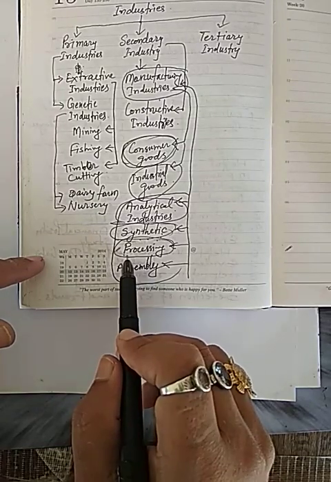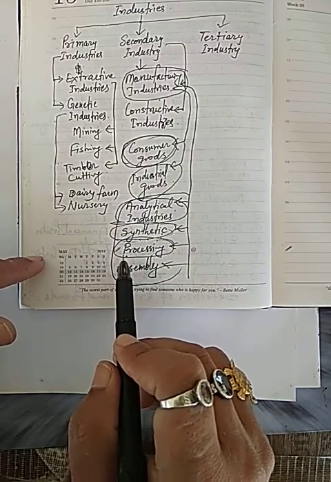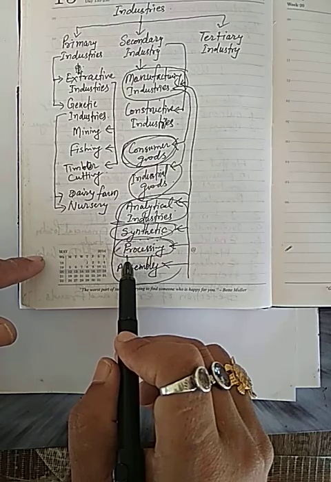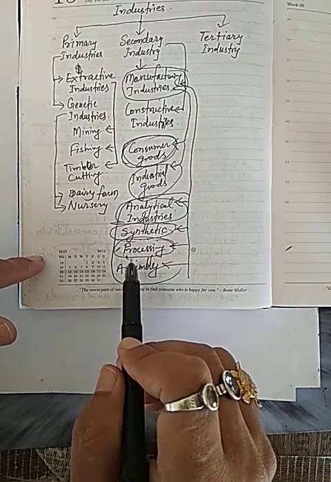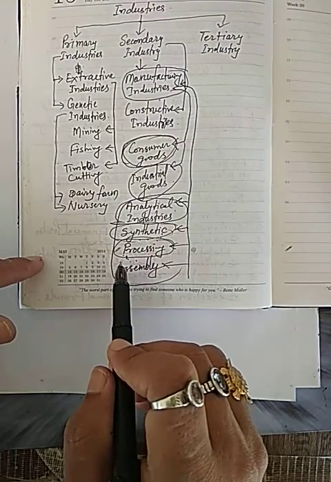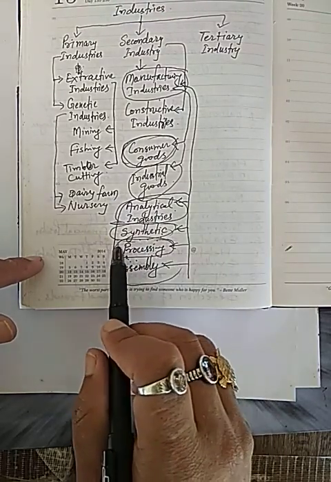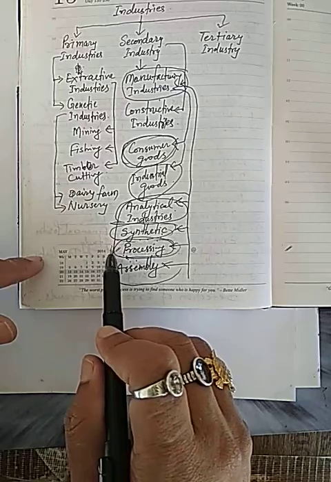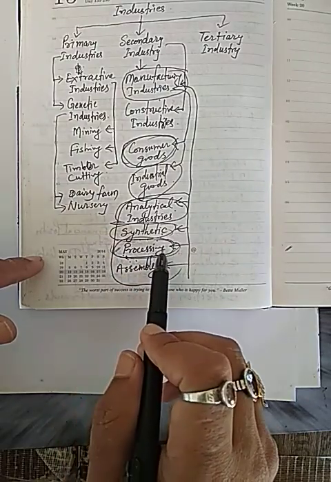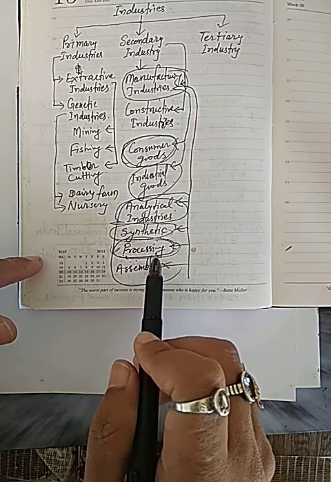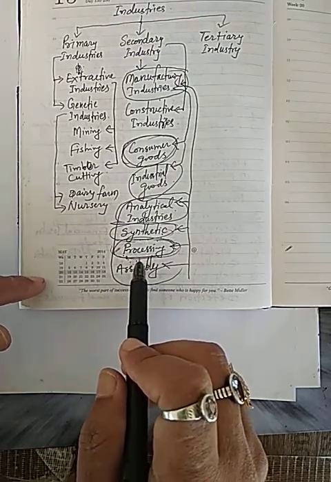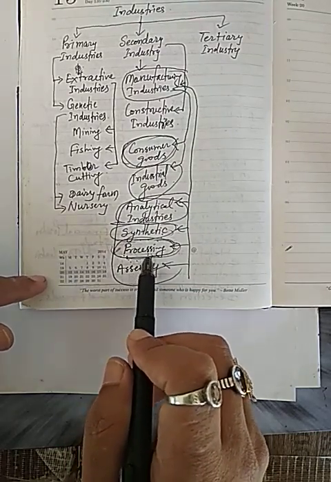For example, textile industries, iron and steel industries, sugar industries are the best examples of processing industries because sugar cane is processed, then sugar is prepared.